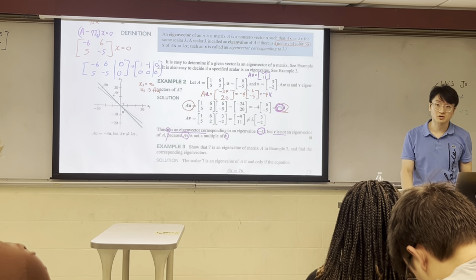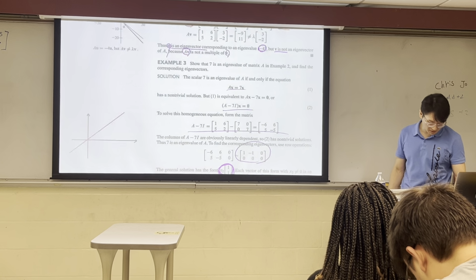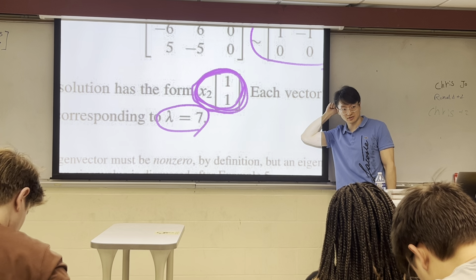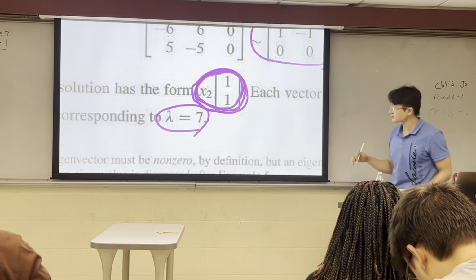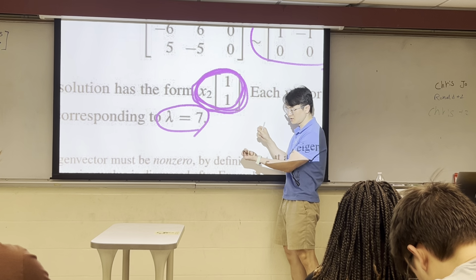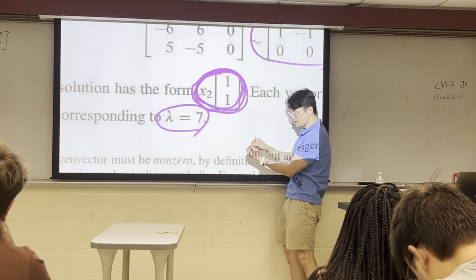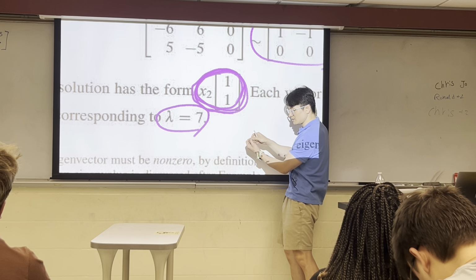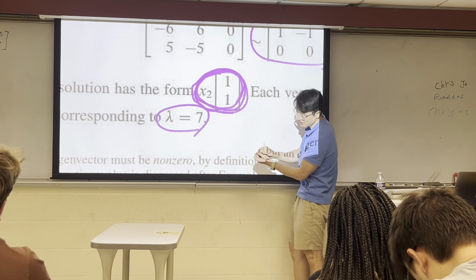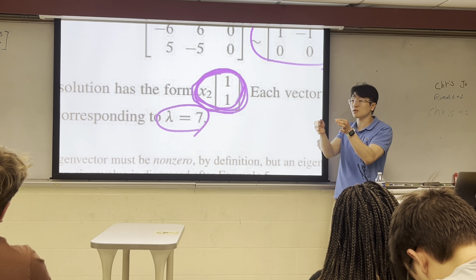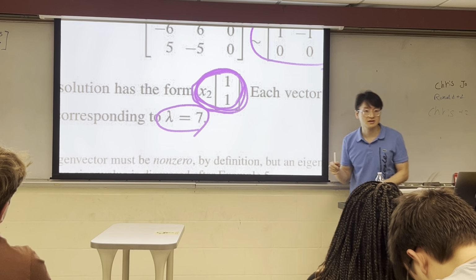Actually, next chapter we're going to talk about this. This is going to be the eigenbasis. You have some base vector, and then you scale that, and then it essentially spans the space. You pick any vector from that span, then that'll always be an eigenvector, and the corresponding eigenvalue will be the same.